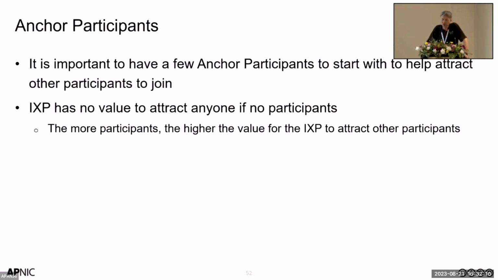But still, I think if you can have a few anchor participants, like in your case, if you have the NRAN set up the IX and have the NRAN behind it, and you ask the government to support you, then the government networks should connect to the IX as well, so that you can use not just the NRANs but also the government networks to attract people to connect to the exchange. Then I think it would be a good starting point.